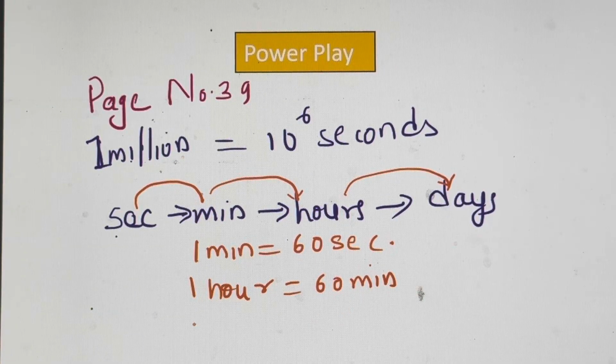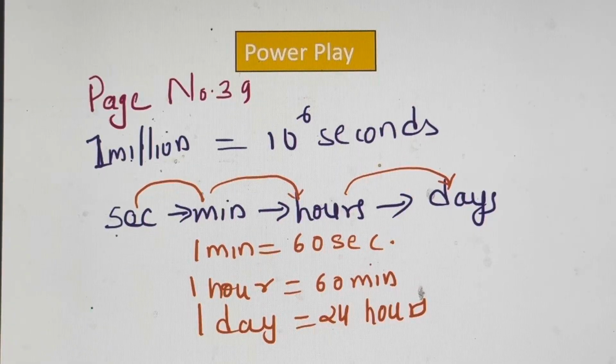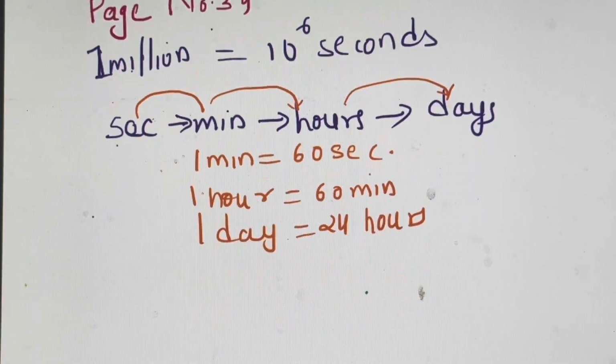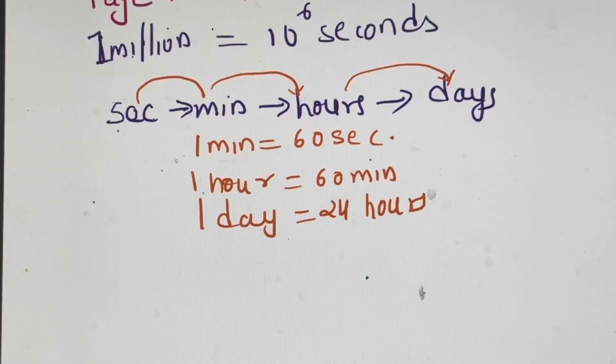Then 1 day is 24 hours. So now we are reaching till days. We will divide by all these numbers first. Let us see where we reach, and then if we need it, we will convert it into years, maybe months, depends, because the age is given as 1 million.